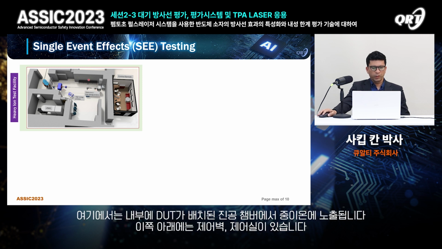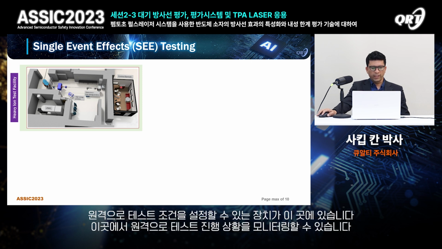Here we have the vacuum chamber where the DUT can be placed inside this vacuum chamber and exposed to the heavy ions. On this side, you can see the control barrack or control room, from where you can set the test conditions remotely. You can monitor the progress of your test remotely from this room.